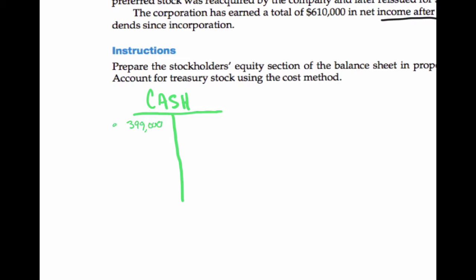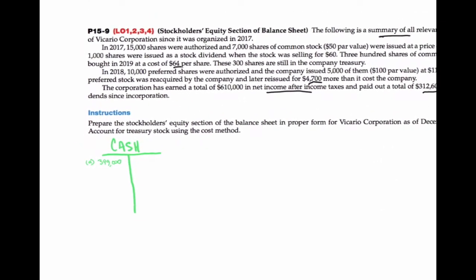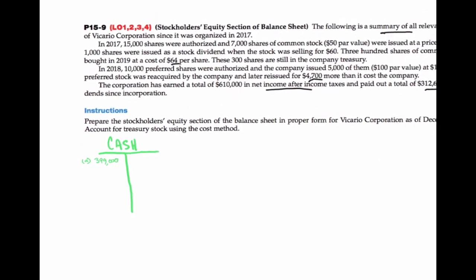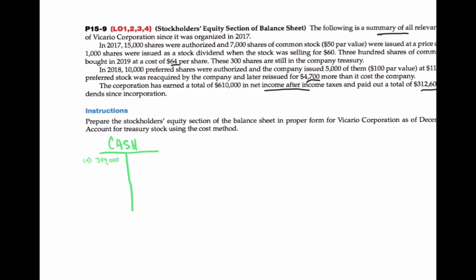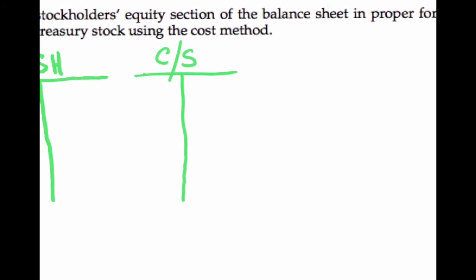And I'll just put a little A. I know it doesn't really refer to anything, but I'm going to put a little A there. And it's going to be a credit for 7,000 times 50, or 350,000, to common stock. And we'll call that A as well.